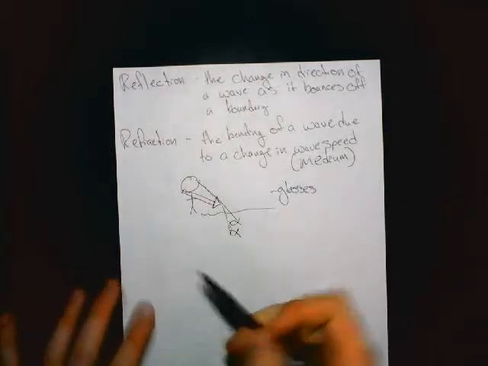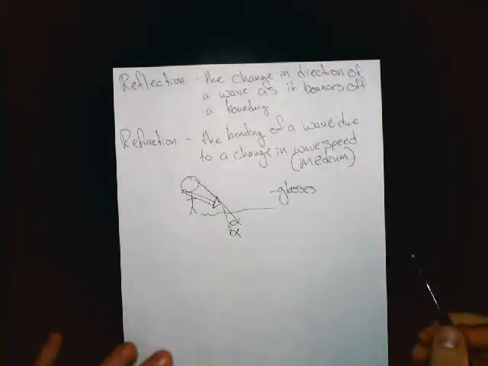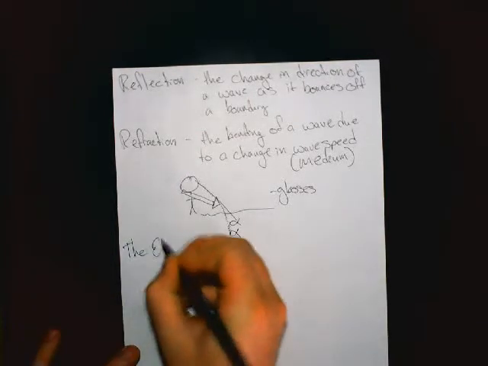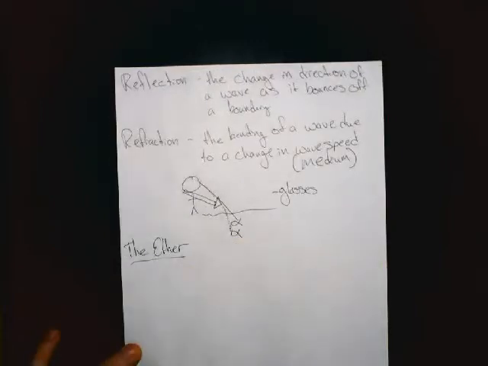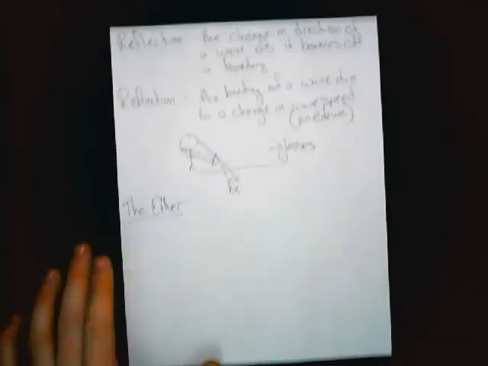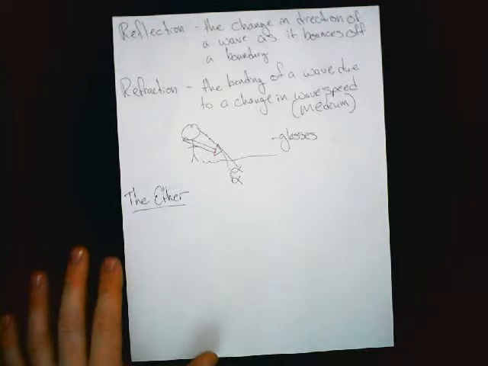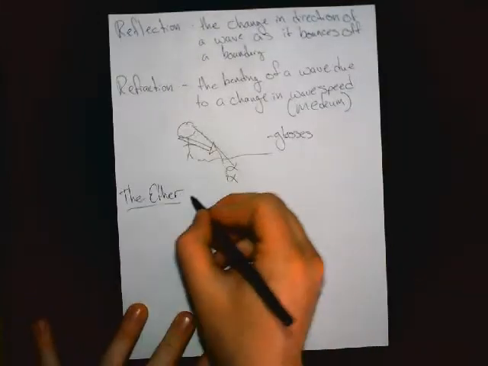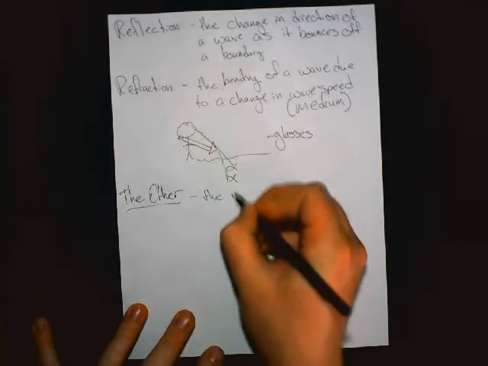All right. Last piece for light as a wave, and that is the ether. Now, for those who believed that light was a wave, they needed a medium because every other wave had a medium. So the ether was the medium for light.